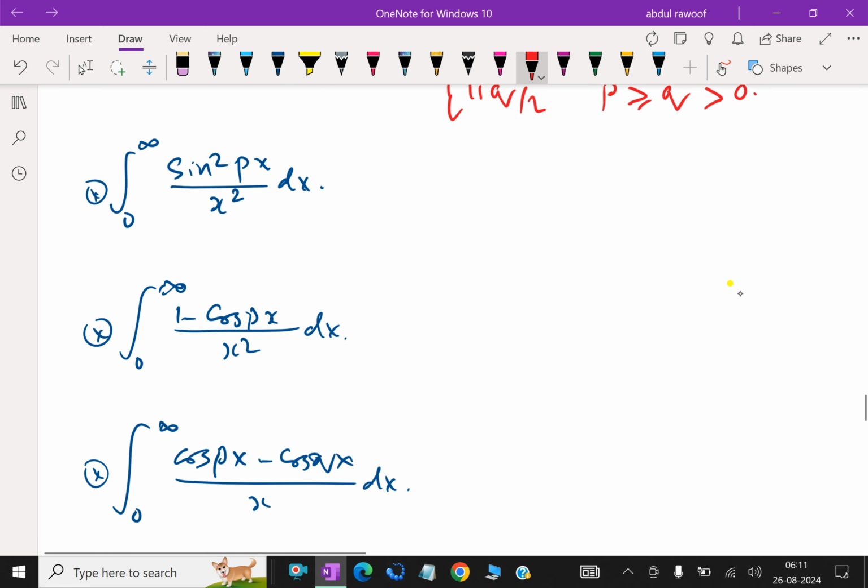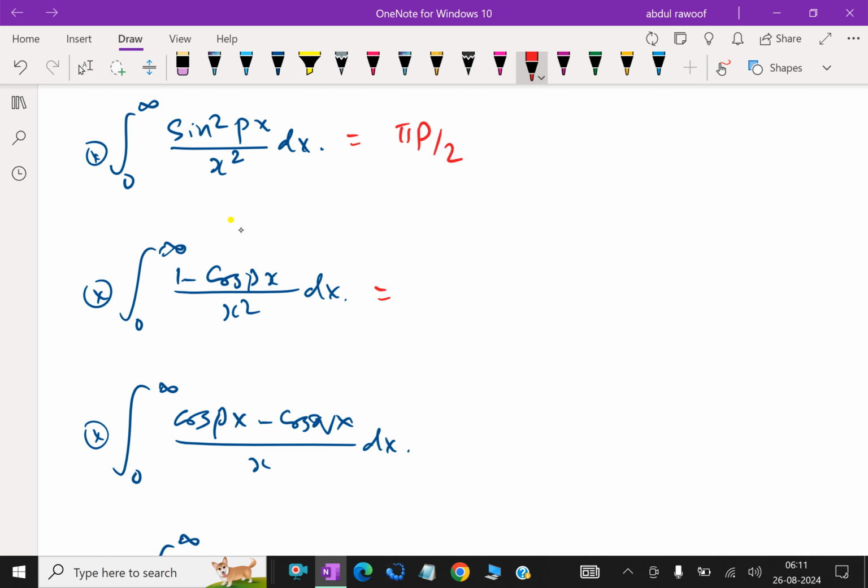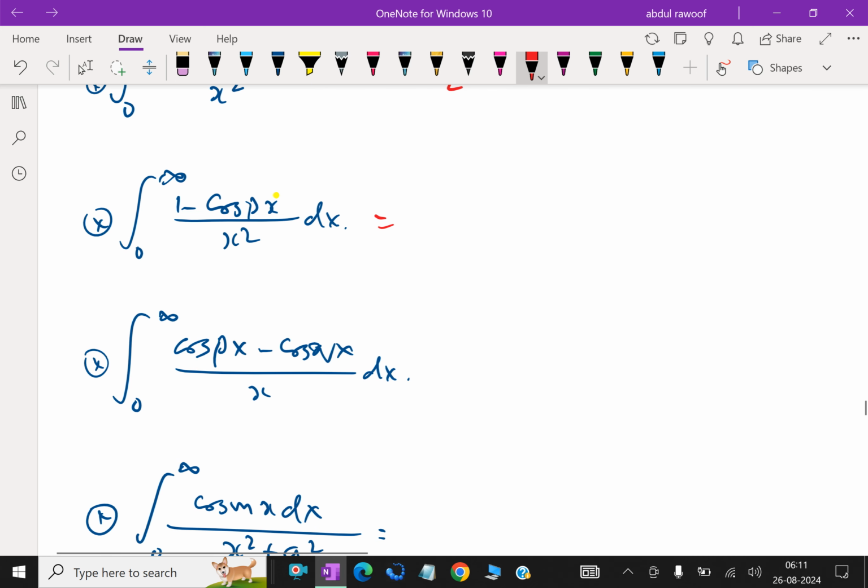Next one, the integral from 0 to infinity of sin squared px over x squared is equal to pi p by 2. Next result, the integral from 0 to infinity of 1 minus cos px over x squared dx equals pi p over 2.